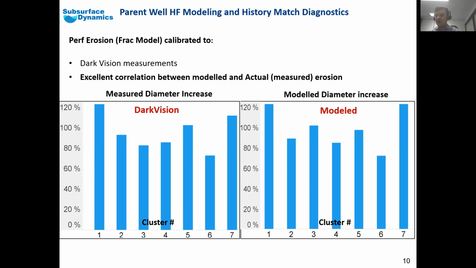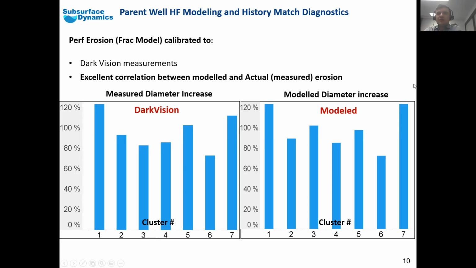Because if your perforation strategy or your cluster strategy is not optimized, then you might end up feeding only a few perfs, a few clusters out of 5 or 6 or 7. As a result, you will get non-uniform fracture geometry, runaway fracs, and all the detrimental effects that we're trying to avoid.